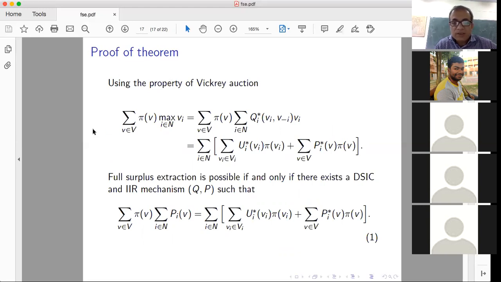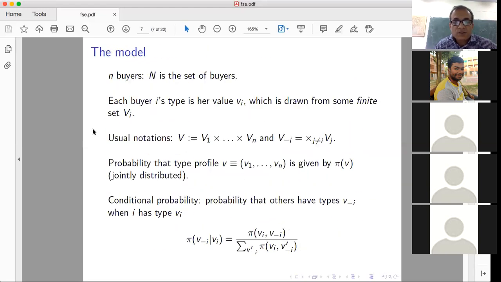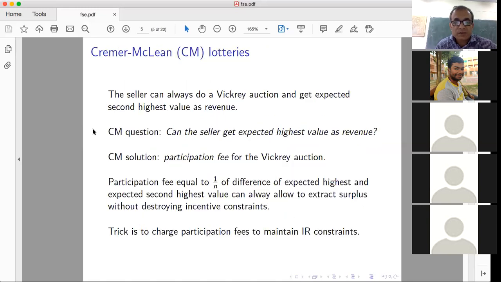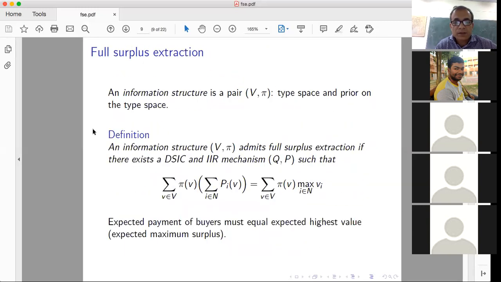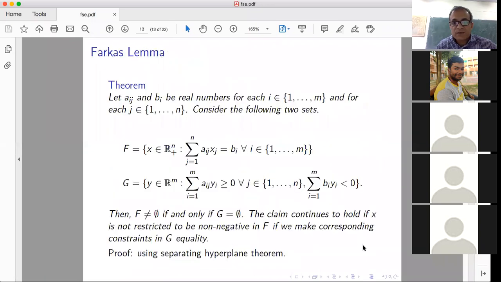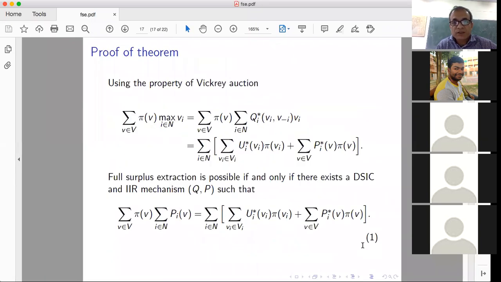So let's go back to the full surplus extraction definition. Remember, for full surplus extraction, I need to construct a mechanism whose expected payment is equal to this particular term, the expected highest value. But I can always write the expected highest value as a function of the terms of a Vickrey auction.